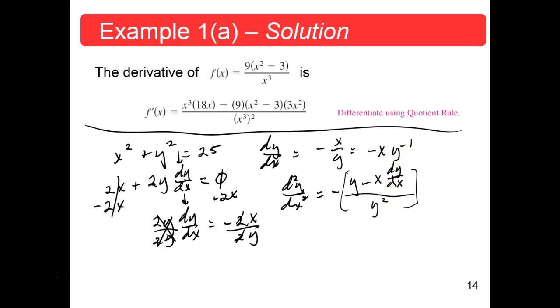All right. Now, admittedly, it's a little messy. That's an understatement. But here's what we've got to do now. We got the minus here. y is fine, just like it is. Minus x, but now we need to put in for what dy/dx is.